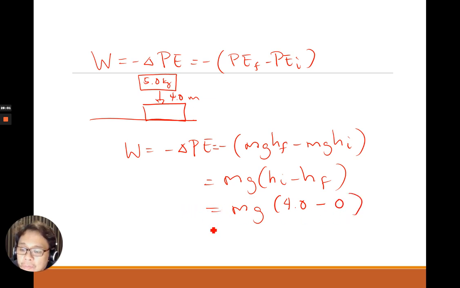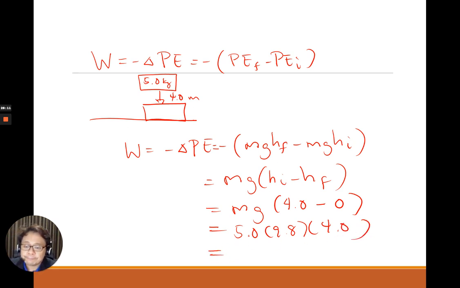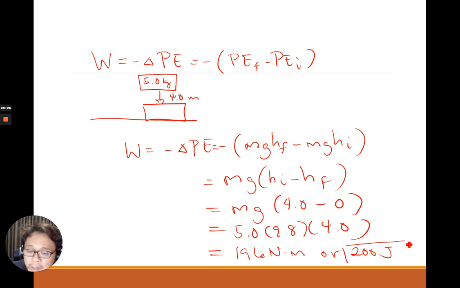So you are going to get mass niya, 5.0 times 9.8 times 4.0. This is going to give us the same answer, but you are going to get positive this time. So 196 newton meter or 200 joules this time around.